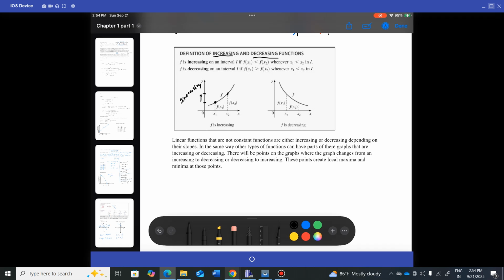And if the function goes down, so that y value goes down from one point to another point, then you have decreasing. And of course the other one here is if that y value doesn't change, then it's constant. So is it going uphill, downhill, or the straightaway?